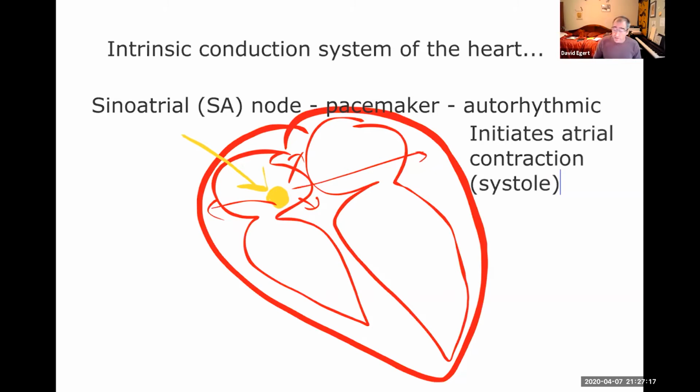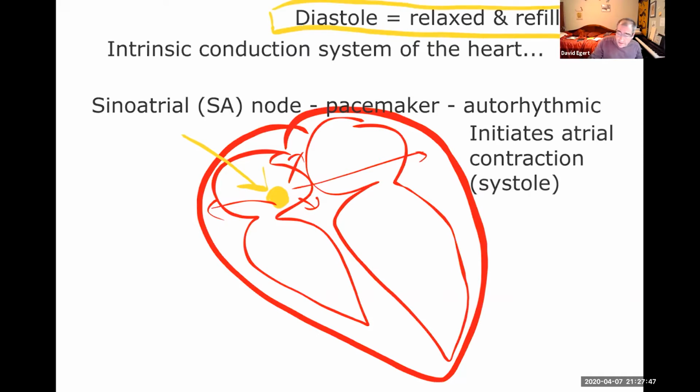So atrial systole means the atria are contracting. A little later, we're going to talk about ventricular systole, which means the ventricles are contracting. We should also mention the relaxed and refilling phase is called diastole. So you should know those terms. Diastole means relaxed and refilling. Systole means contracting.